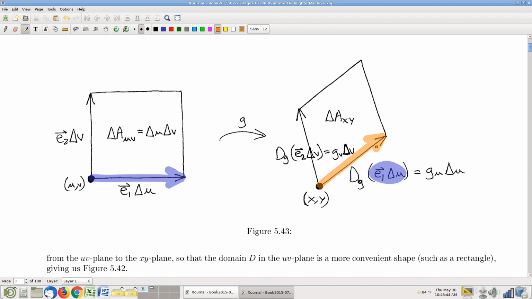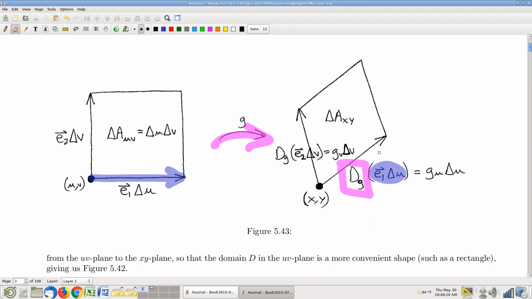That is what you get when you apply the derivative transformation of G to E1 delta U. Everybody remember the chapter 3 business, right? The derivative transformation takes input vectors and gives you output vectors. It's exactly what we're looking at here. I need to know this output vector. Okay, derivative transformation times input vector.